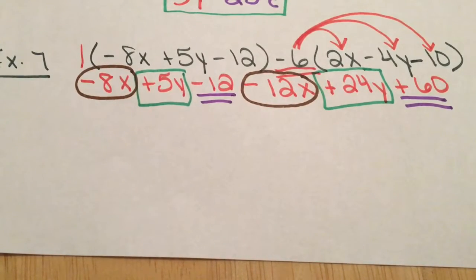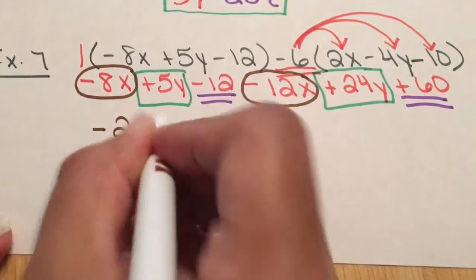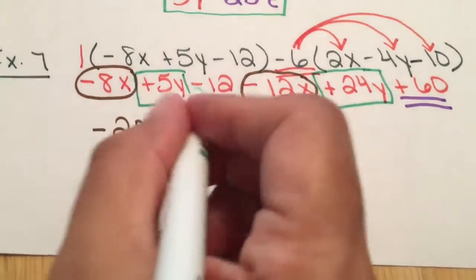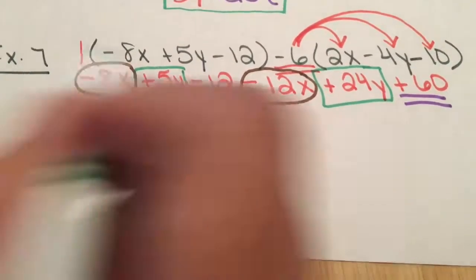So first, we have negative 8x and a negative 12x. When we're adding same signs, remember, we add the numbers and keep the sign. So this will leave me with negative 20x. For our y's, we have 5y plus 24y. We're going to go ahead and add those two together and get 29y.